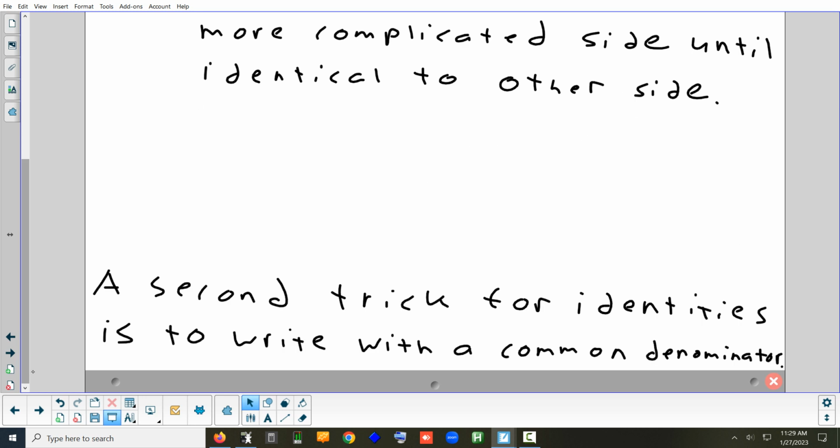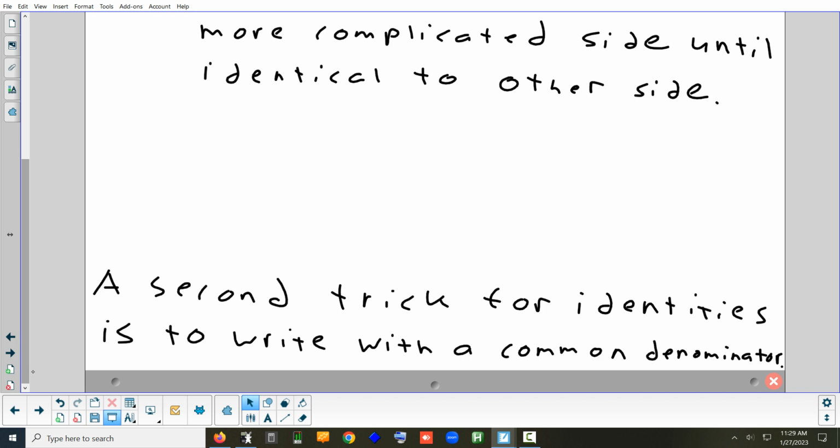All right, so the second trick that is going to come up, besides changing everything to sine and cosine, is finding a common denominator. This only applies when you have problems with different fractions, different denominators. We haven't done one yet where this would apply.